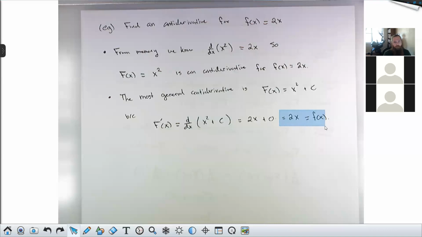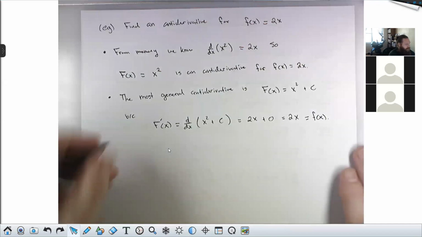That's the whole game. So this will also provide you an opportunity to resharpen your differentiation skills by checking your work. If you're confident the antiderivative is correct, but then when you differentiate it, you get something else, maybe you need to sharpen that differentiation skill, or maybe your antiderivative isn't correct.